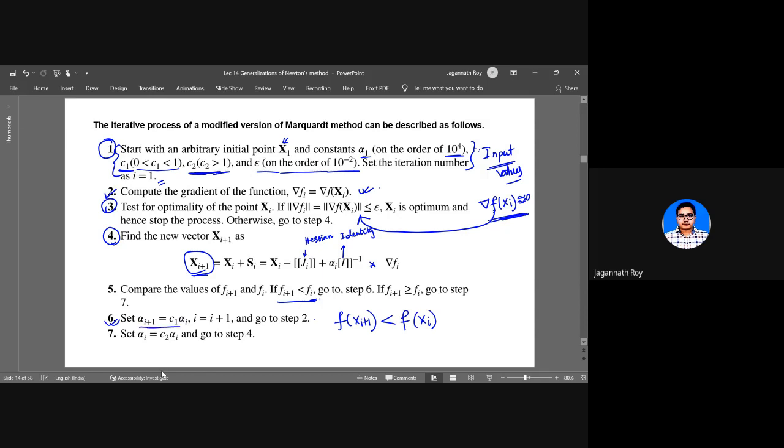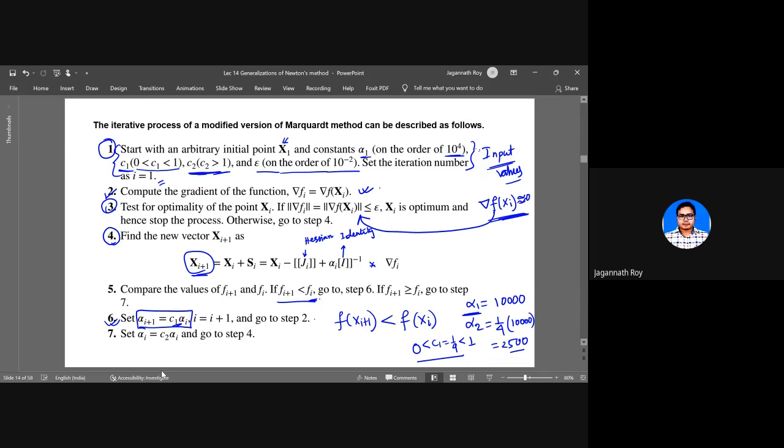Step 6 says we have to set this alpha i plus 1. For example, alpha 1 we have taken as 10 to the power 4. Then alpha 2 will be c1 times that. For example, c1 equals 1 by 4, because c1 is greater than 0 and less than 1, so this would be 2500.